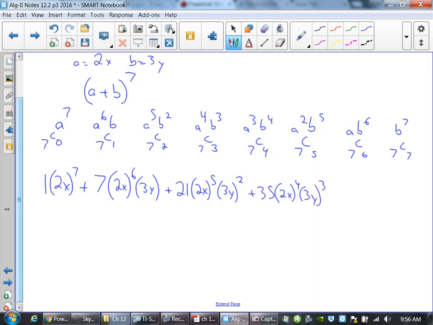That's the 7 choose 3, not 7 choose 0. 35 again, then we're on our way down. Plus 35. 35 again? Yeah. 2x quantity cubed, 3y to the 4th, and then it goes back to 21, 7, and 1, correct?